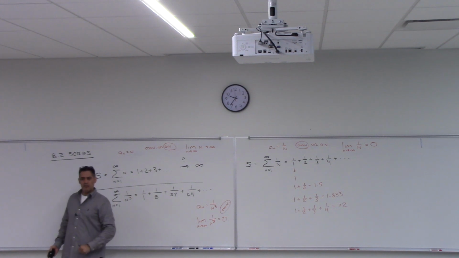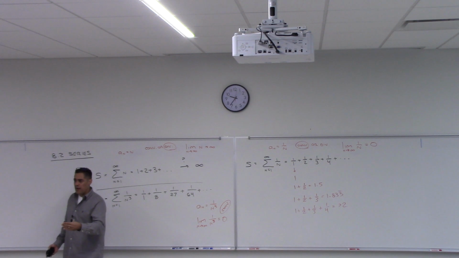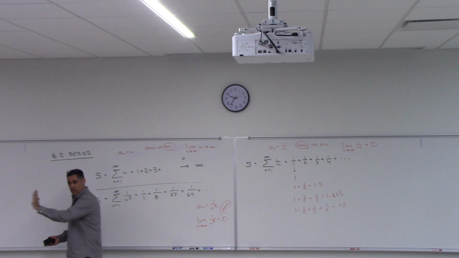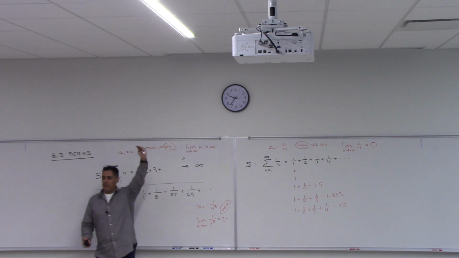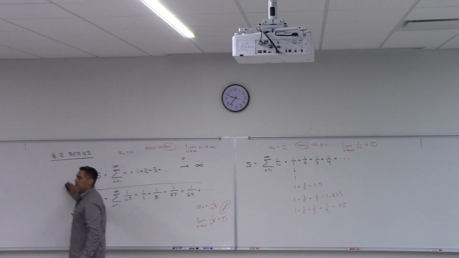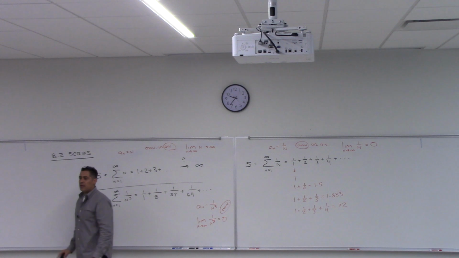S sub 4 is going to be a number, right? All of those will be numbers. Isn't that a new sequence of numbers? Isn't S sub 1, S sub 2, S sub 3, S sub 4 just a new sequence? Not the original sequence, a new sequence. And that sequence can be written out, right? Like a list of numbers.